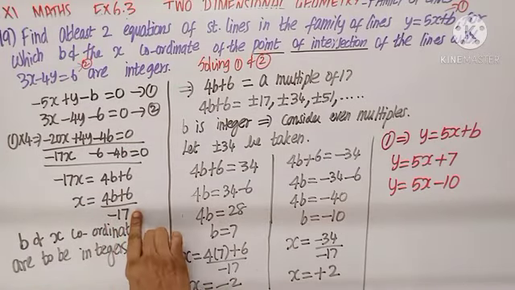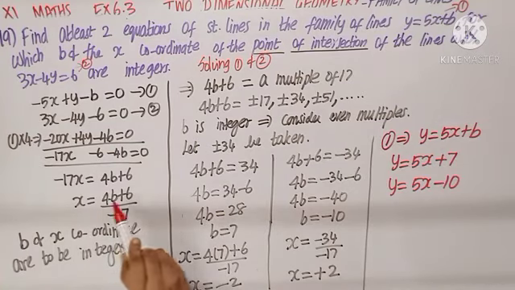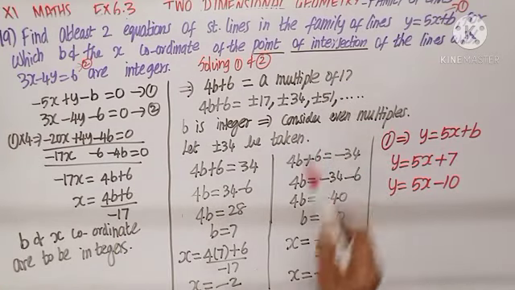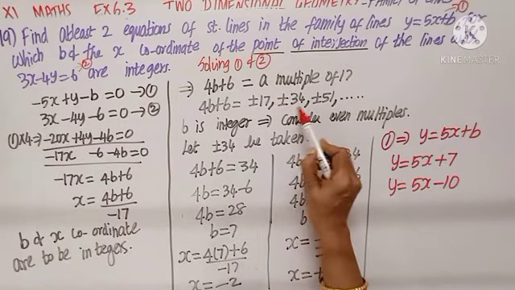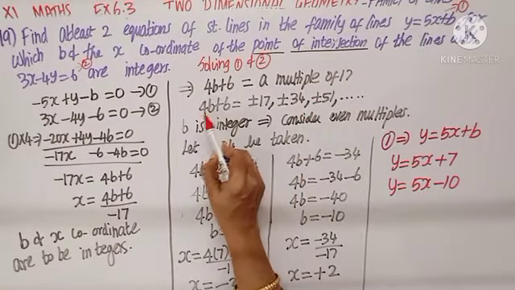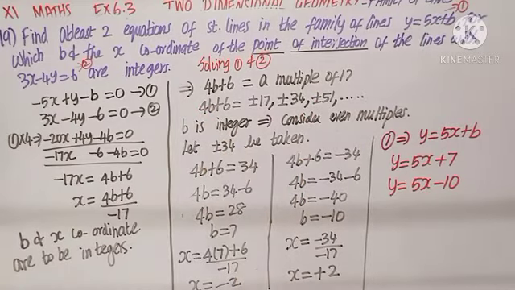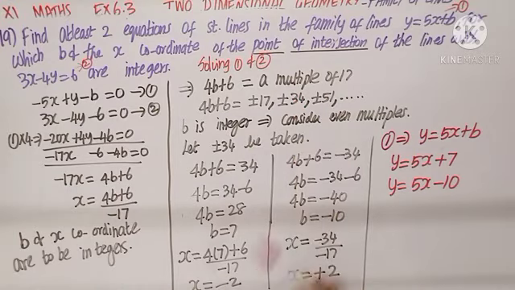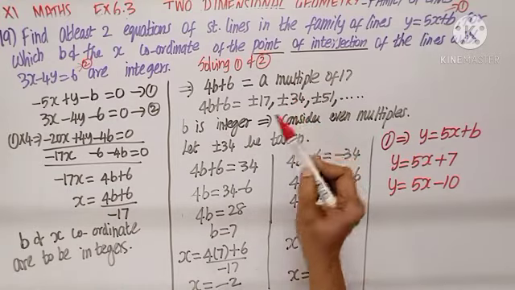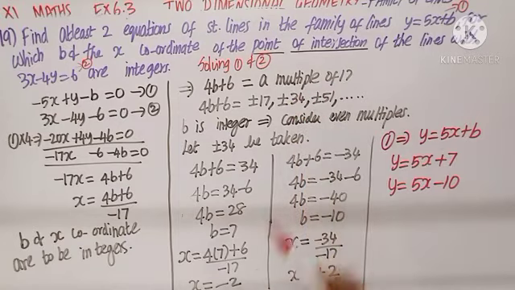This will be an integer provided 4b plus 6 is a multiple of 17. Since b also needs to be an integer, select only even numbers as we have 4b here. Let me consider plus or minus 34, the first even integer that is a multiple of 17 also.